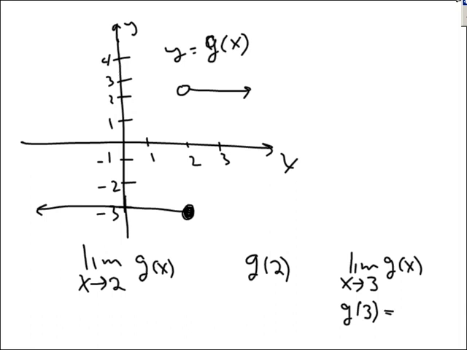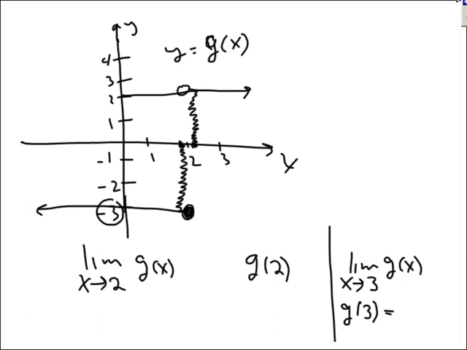Well, as x goes to 2, we have a little problem. If you're a little bit below 2, then you always get -3. If you're a little bit above 2, then you get 2.